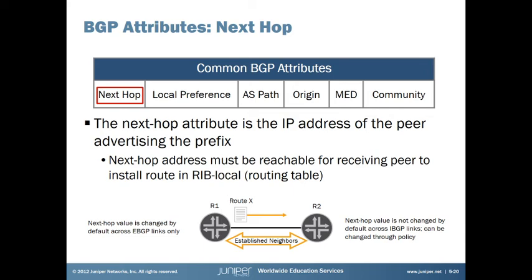Okay, that receiving router may then re-advertise that route to an IBGP peer within the same autonomous system. When it re-advertises that route, it does not update the next hop. So bear in mind at this stage, the next hop is a router in a different autonomous system.